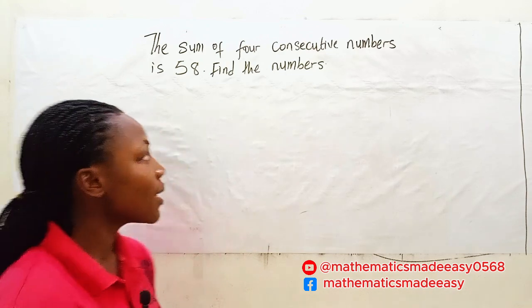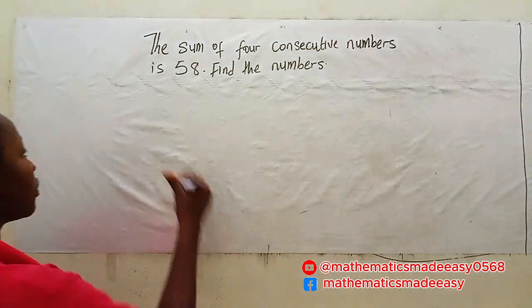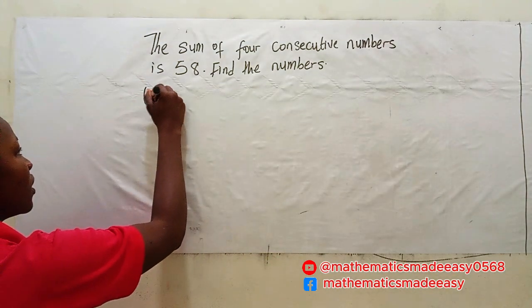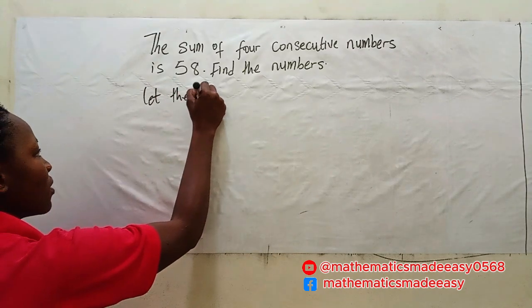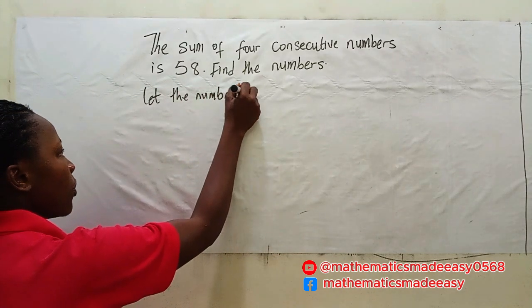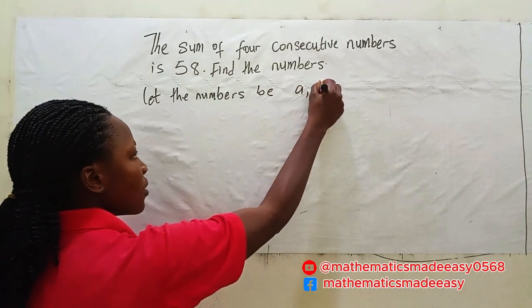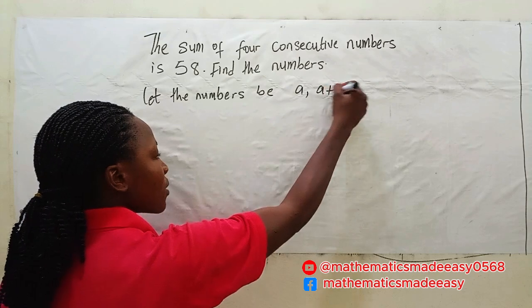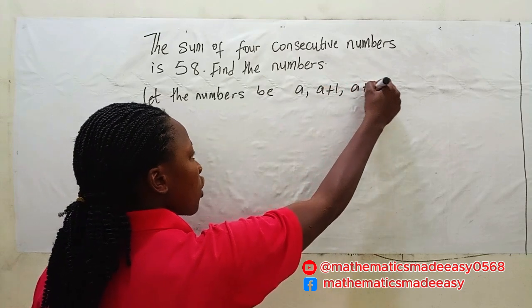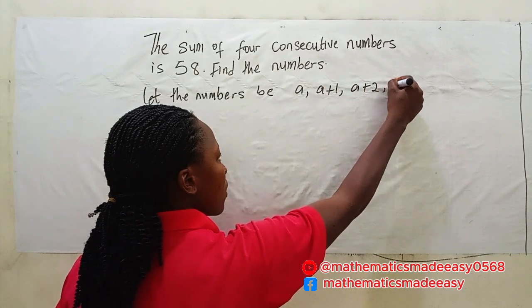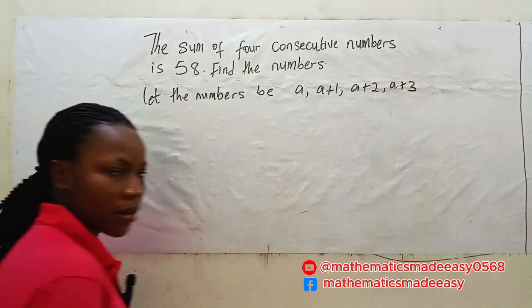Okay, here we can say, let the numbers be a, a plus 1, a plus 2, a plus 3.